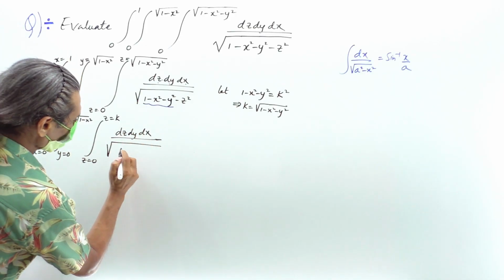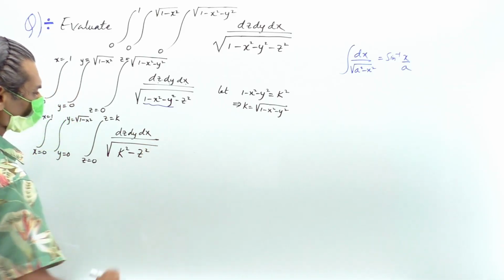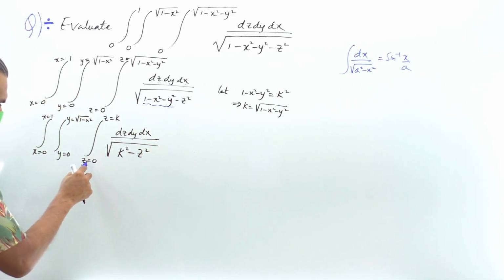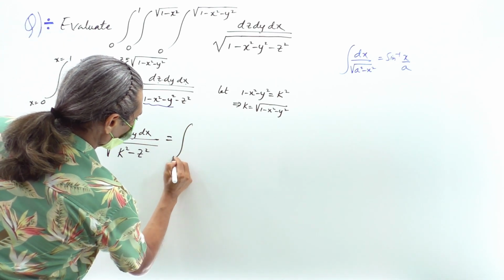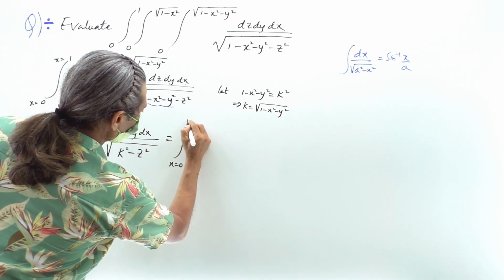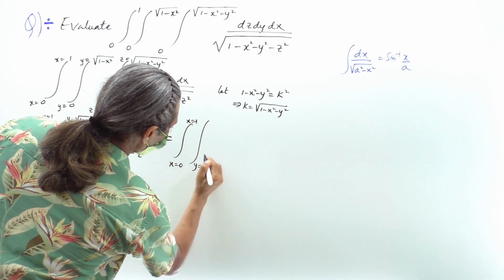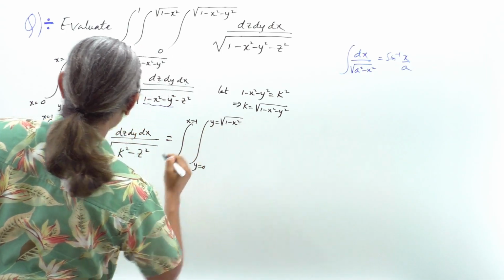So this will be k square minus z square. Now we can evaluate with respect to z. So this will be x equals 0 to x equals 1 and y equals 0 to y equals root of 1 minus x square.